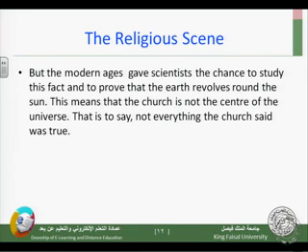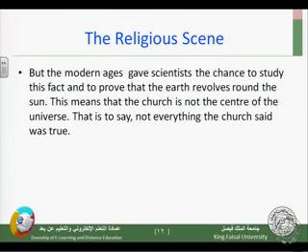But with Copernicus and other Europeans, Galileo, other scientists that came with the Industrial Revolution and the Scientific Revolution and the Religious Revolution, they started to question that fact. They proved that the earth revolves around the sun. It is not the sun that revolves around the earth, it's the other way around.